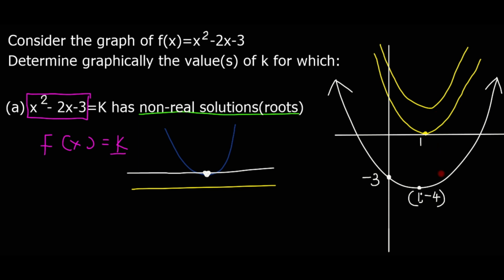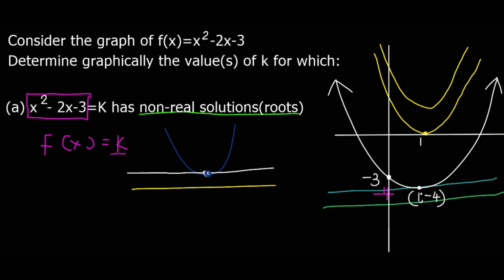So now because that's about f(x) equal to k, it represents the horizontal line. Previously, if it has equal solutions, the horizontal line touches at one point. So this time around it doesn't touch at all, because non-real means it doesn't touch the graph at all. So expect our line to be somewhere here, below. And remember here it's minus 4.